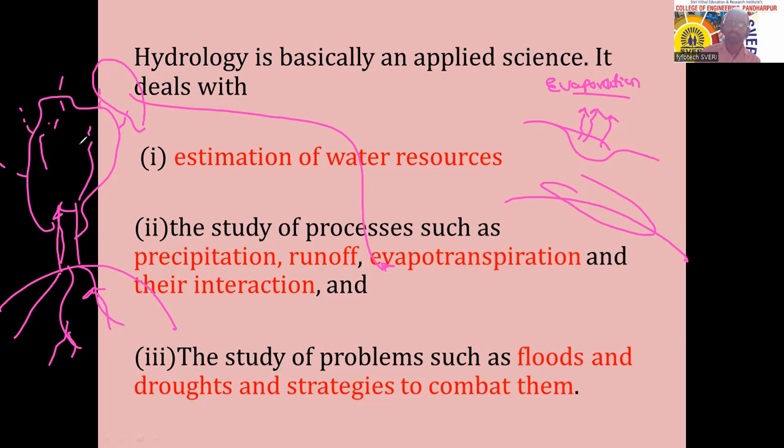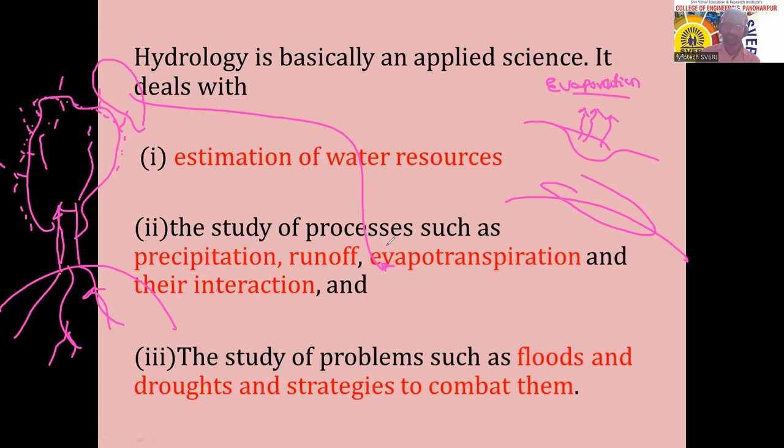The water which is evaporated through the transpiration of the plant is called evapotranspiration. Transpiration means the water is lost after respiration; the plant has some amount of water, and that is lost through the body of the plant.